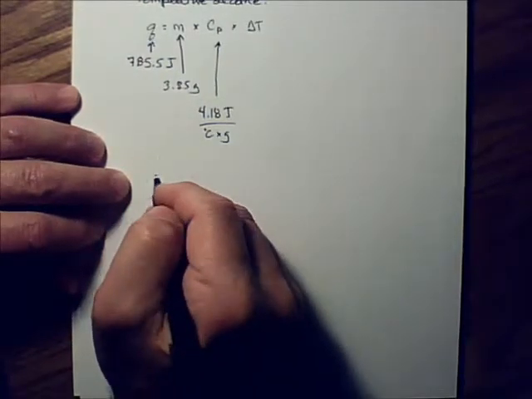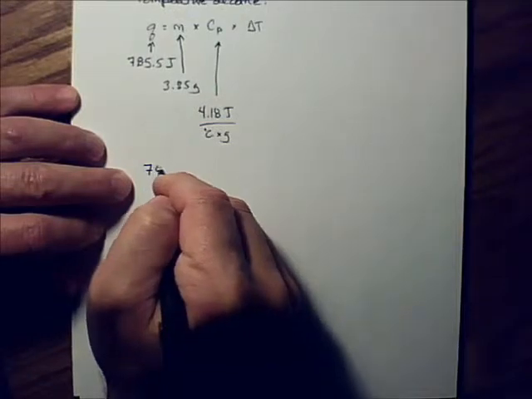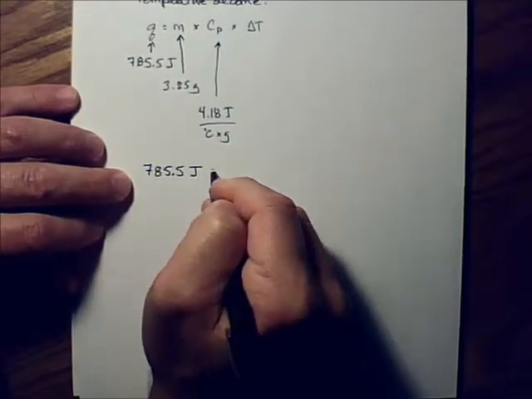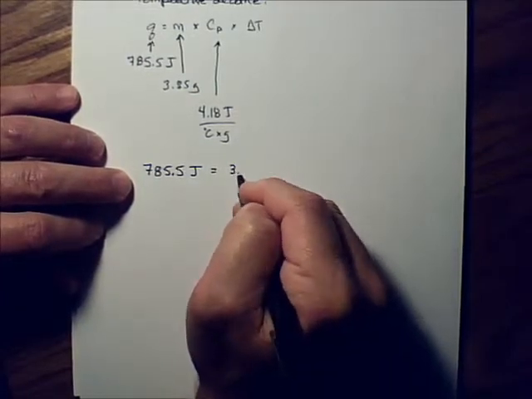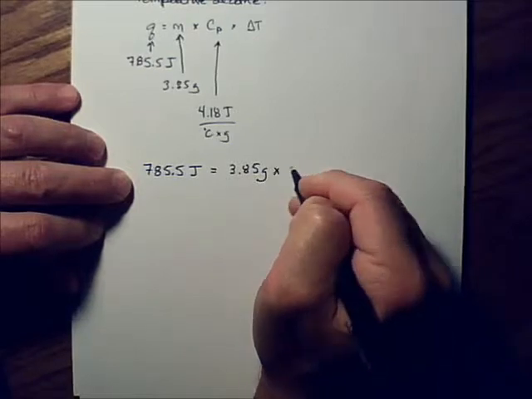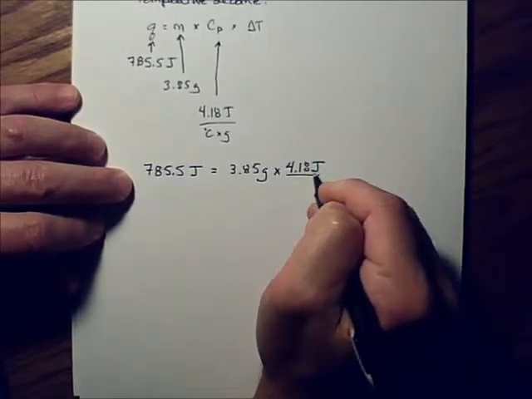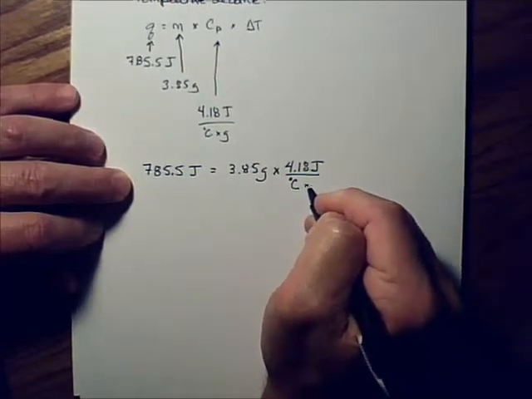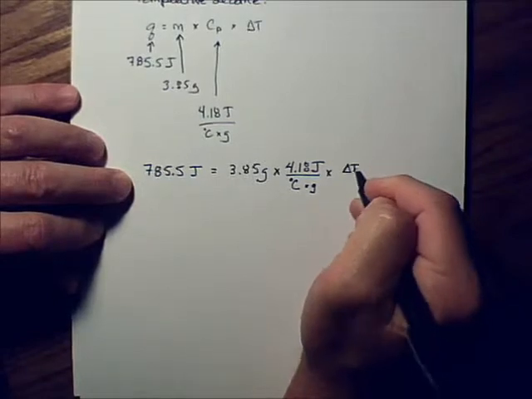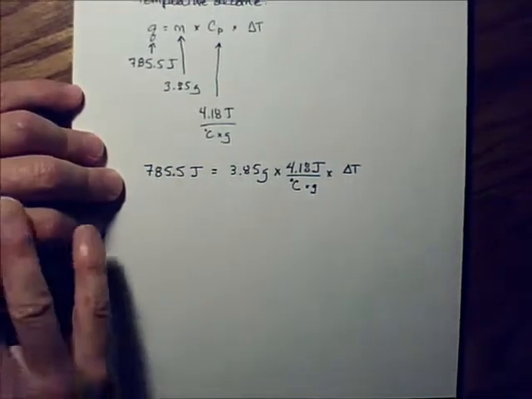All right, let's do the math then. 785.5 joules equals 3.85 grams times 4.18 joules over degrees C and over grams. And then that's times that delta T we don't have yet. We're trying to find that first.